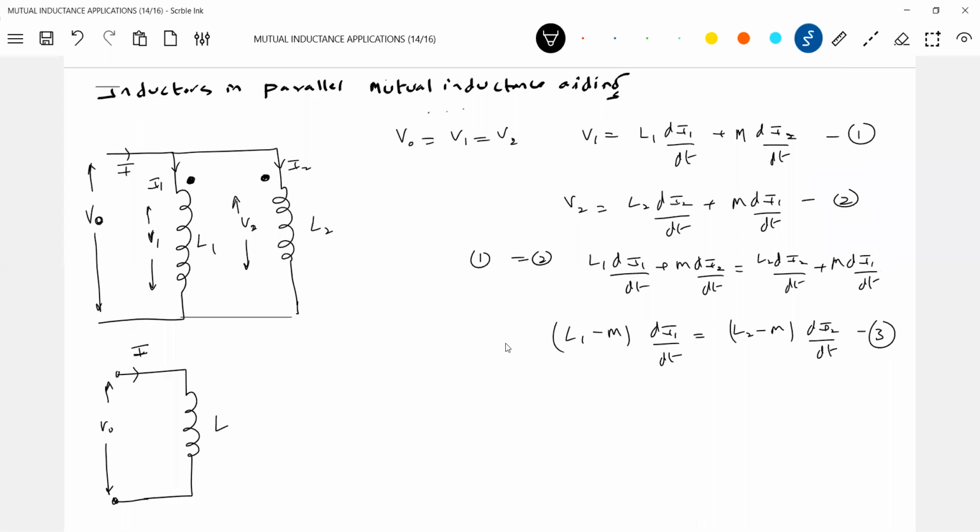So I'll put 3 in 2. So V2 is equal to L2 di2 by dt will be L1 minus M.